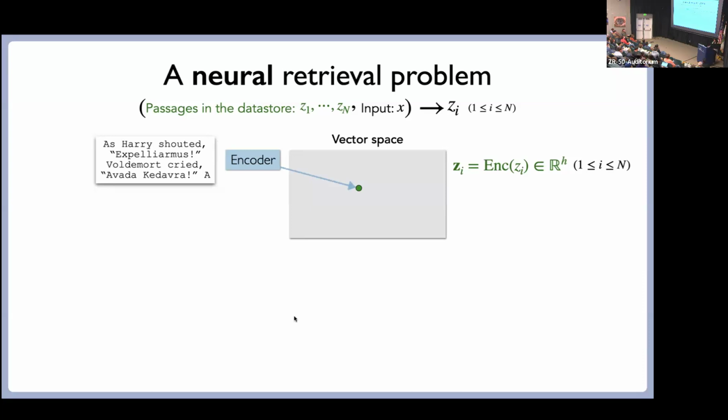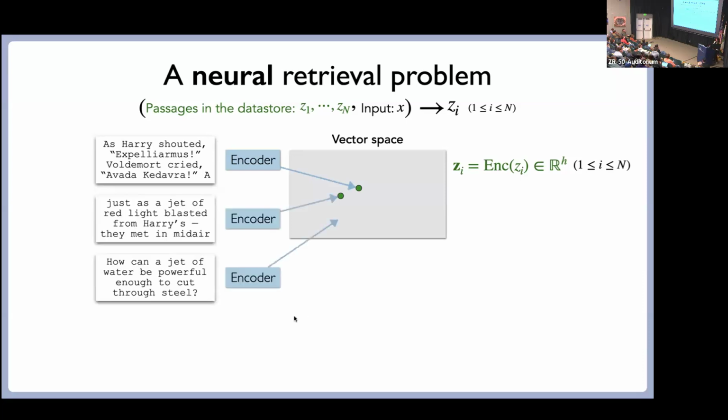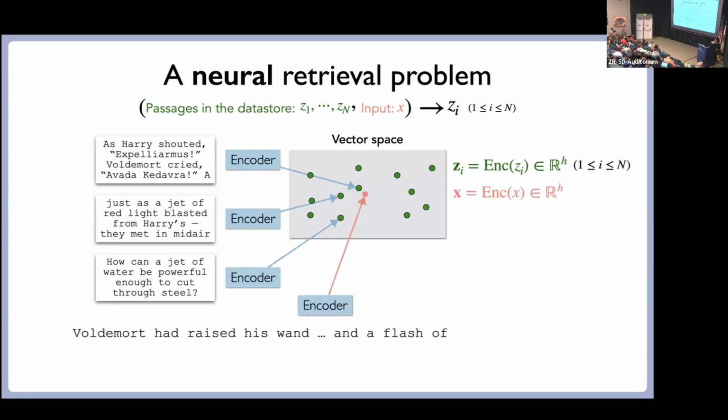And this encoder can do this for every passage in a data store. Typically this can be done offline before the model is being deployed. And then when you have a new test input, you use the same encoder to map it to the same vector space, and then identify the closest vector and return the corresponding passage as an output.